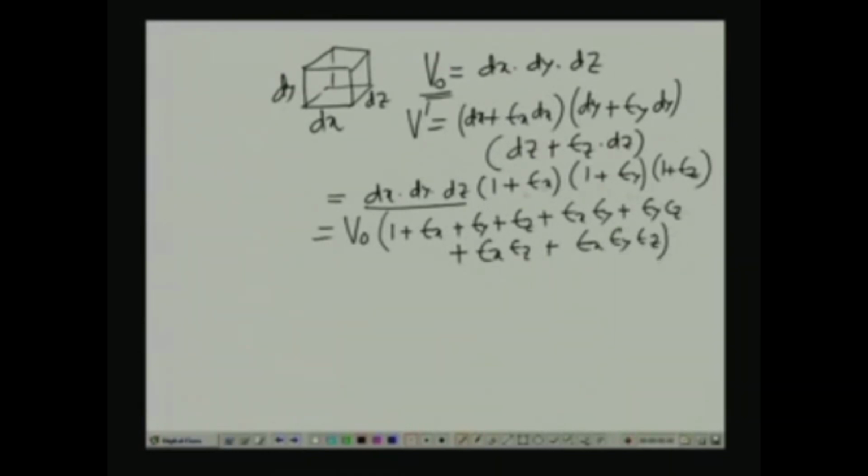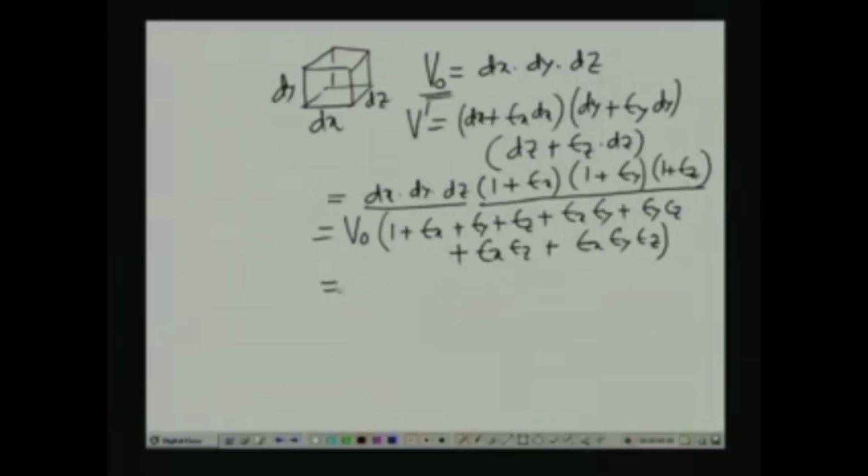This is the expression which we get if we multiply these three quantities. Now, since the strain is small, epsilon x, epsilon y, epsilon z are small quantities. So, the products of these quantities, epsilon x epsilon y, epsilon x epsilon z, epsilon y epsilon z and epsilon x epsilon y epsilon z, we consider as 0 or insignificant. So, this is equal to V0 into 1 plus epsilon x plus epsilon y plus epsilon z.